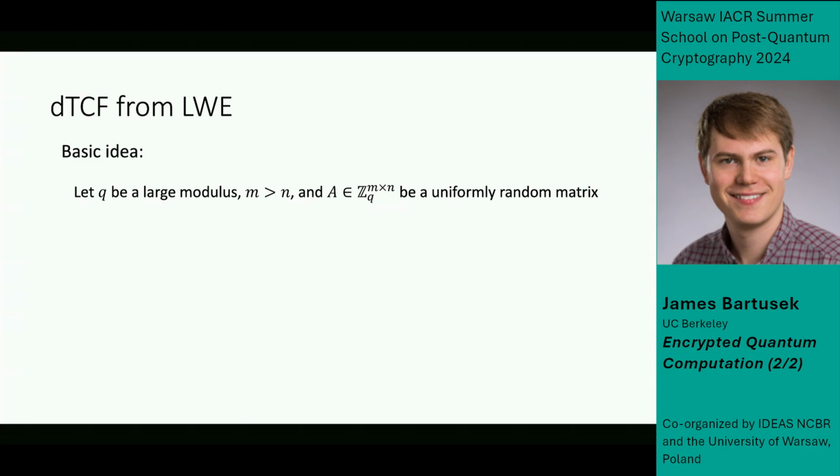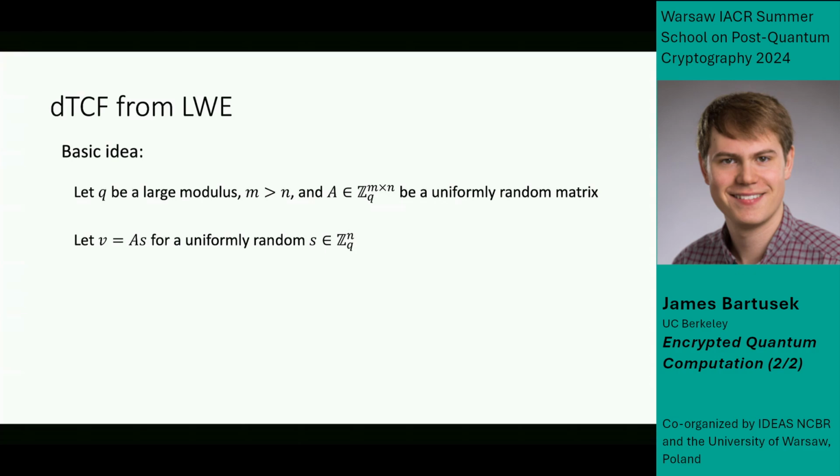And if we sample A this way, with overwhelming probability it's going to be a full, rank N matrix, right? And then let's imagine sampling a random vector in the column span of A. Okay, so I'm going to let V be this vector.